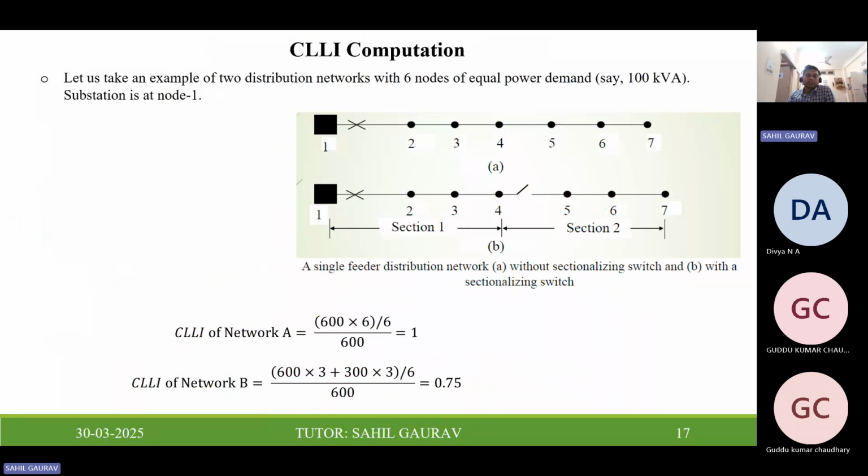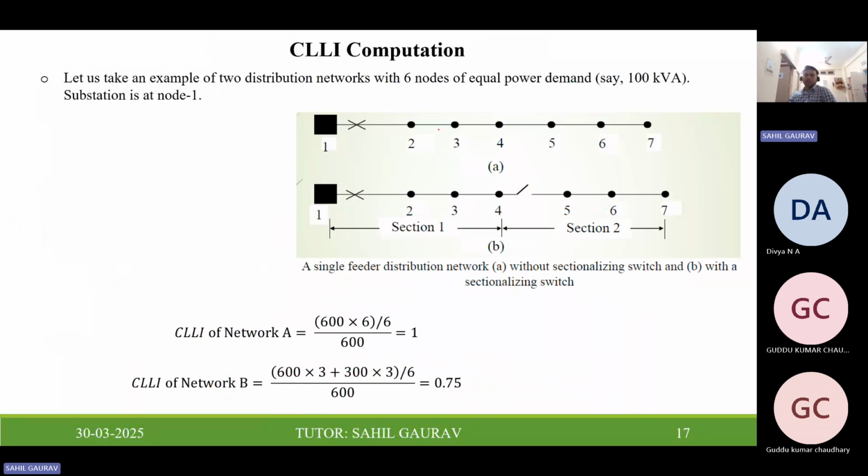So now again, take one example based on this CLLI computation. In this example, there are two distribution networks with 6 nodes of equal power demand.